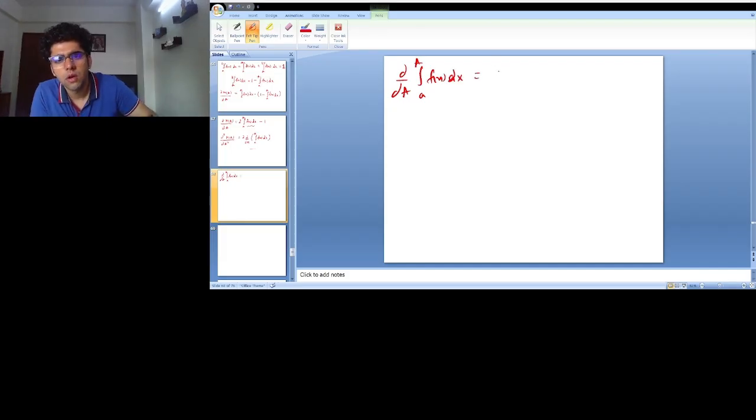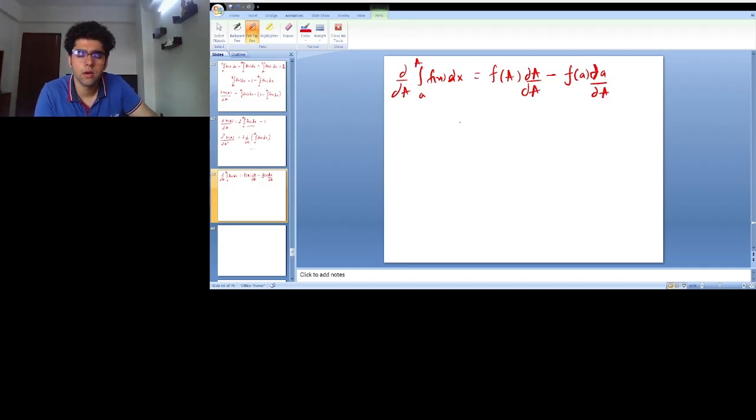So this becomes f of capital A del A by del a, and subtracting this becomes f of small a del small a by del capital A, right? This is the formula for the Leibniz rule in single variable.